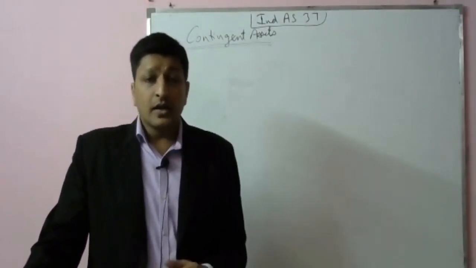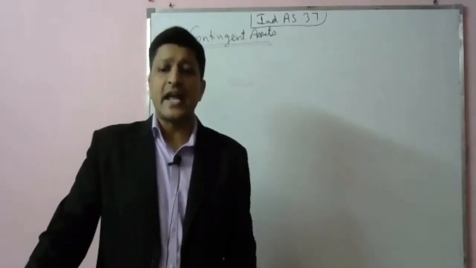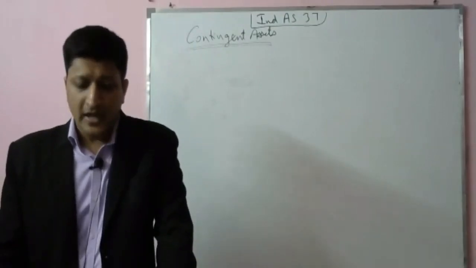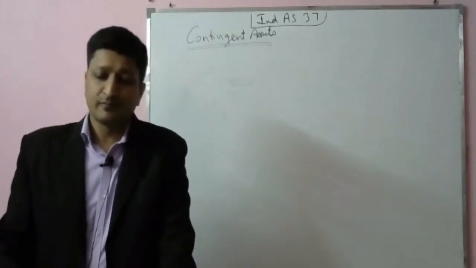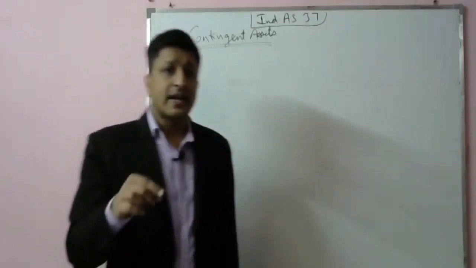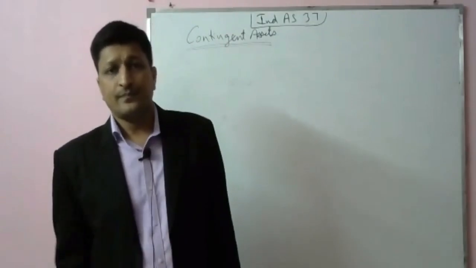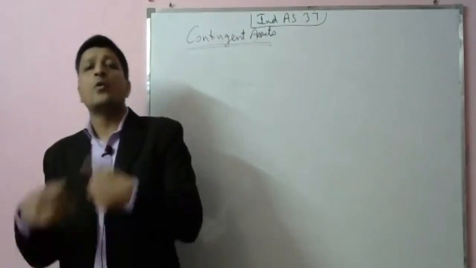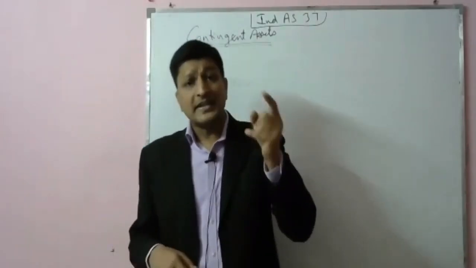Now, if we attach uncertainty to that, it means we don't know whether this will take place or not. Please remember that the uncertainty over here is different from what we discussed in case of provision. In case of provision, the timing and the amount were unknown, as to when it will take place, but it had to take place.